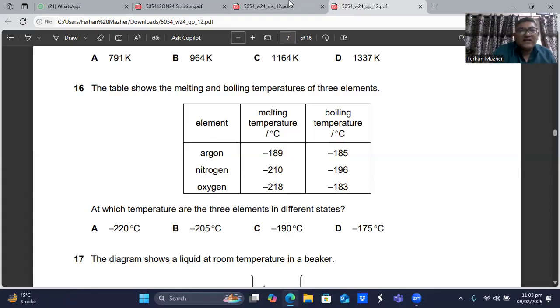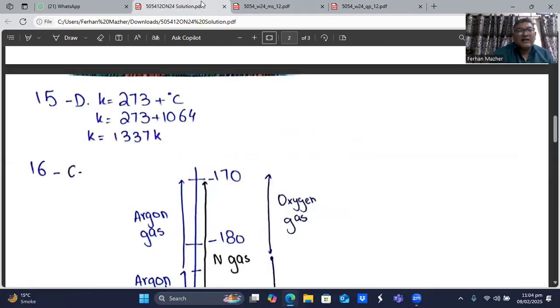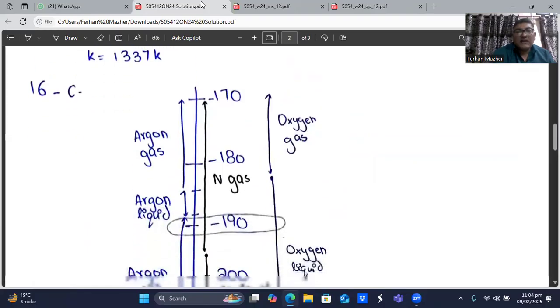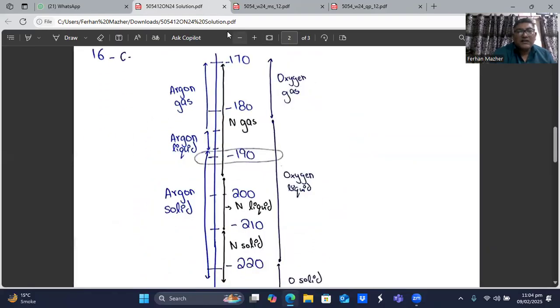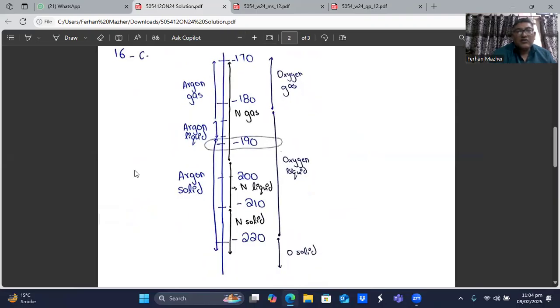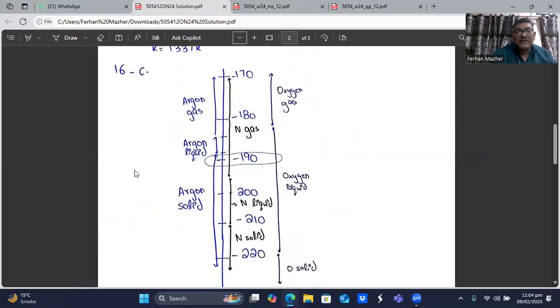For this, I have to make a number line, and let me show you. I have drawn a number line, and here you can see I've written minus 170, minus 180, minus 190, minus 200, minus 210, and minus 220.